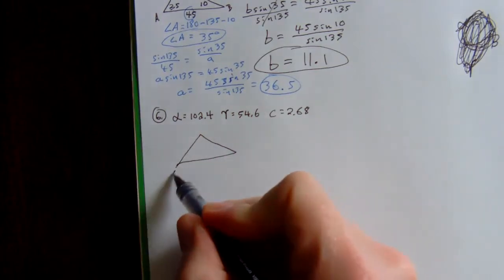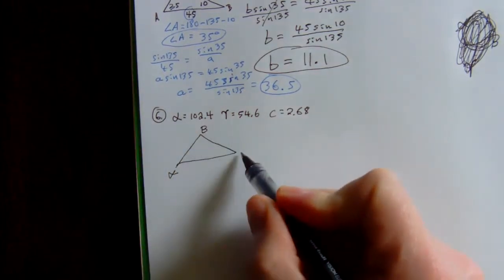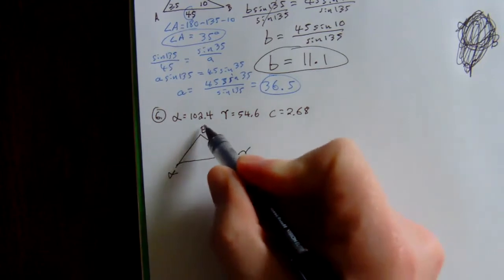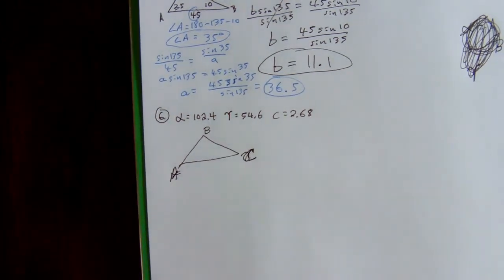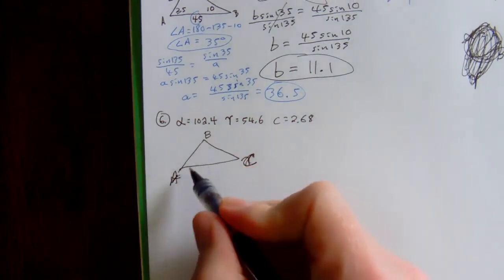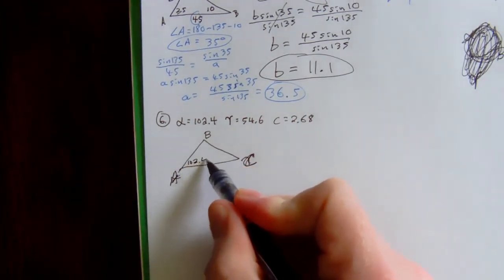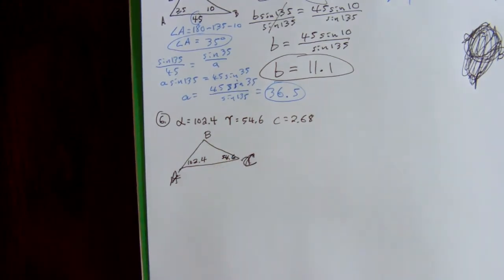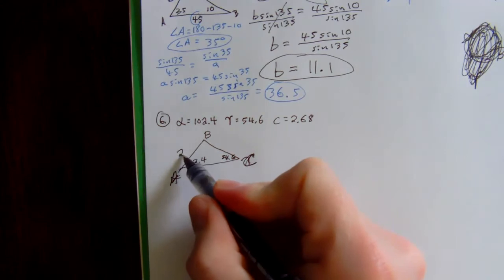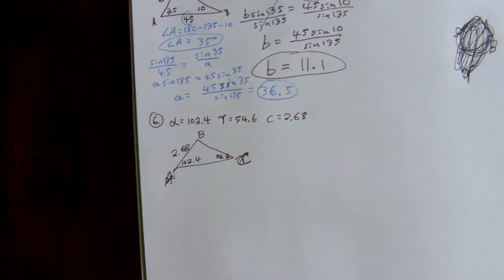So I got alpha, beta, gamma, or if you want to just call that A, B, and C. Like I said, it doesn't really matter right there. But this is 102.4. And then this one, they're telling us that's the C, which is 54.6. And then the little c is this 2.68 right here.